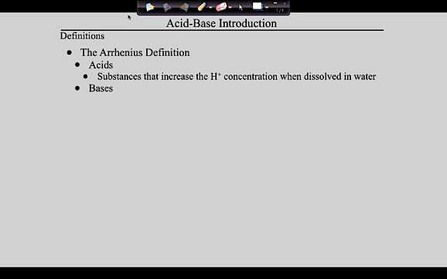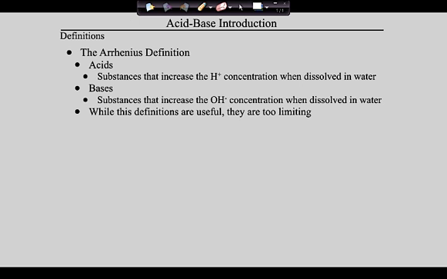But before we can expand on it, let's talk about bases. In the Arrhenius way of thinking, bases are substances that increase the concentration of hydroxide in solution. This works fairly well.